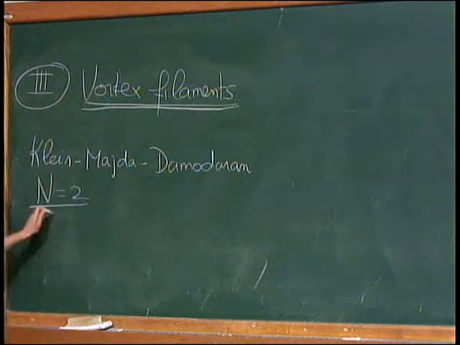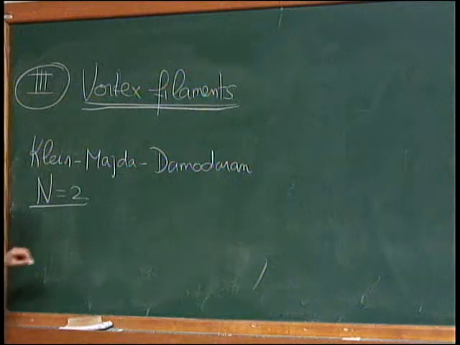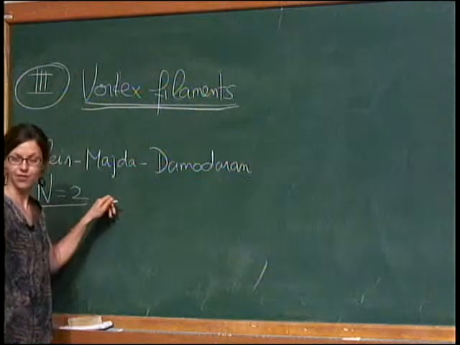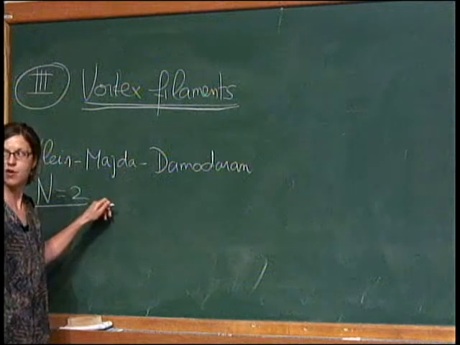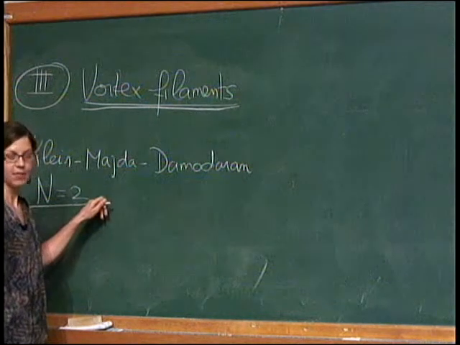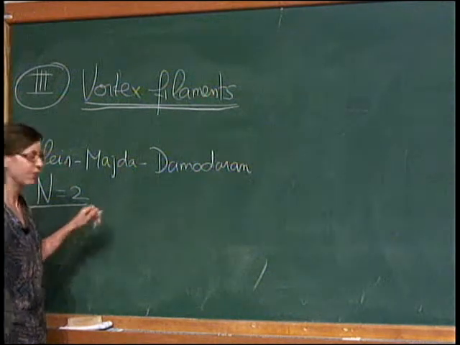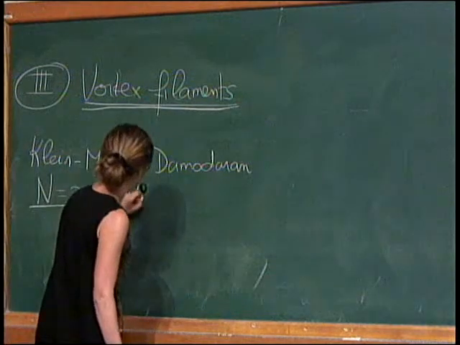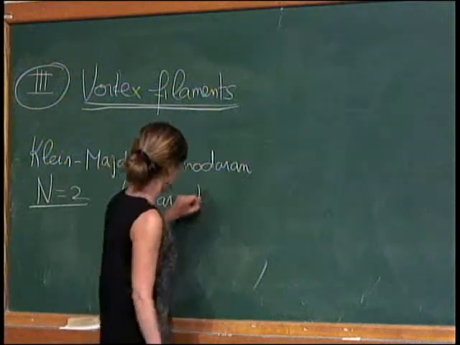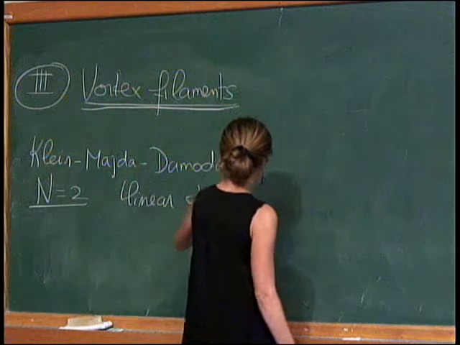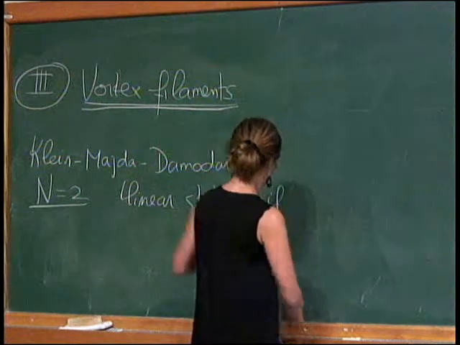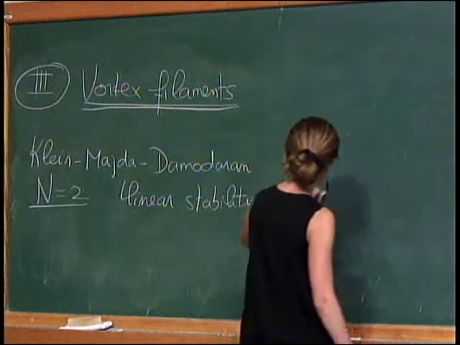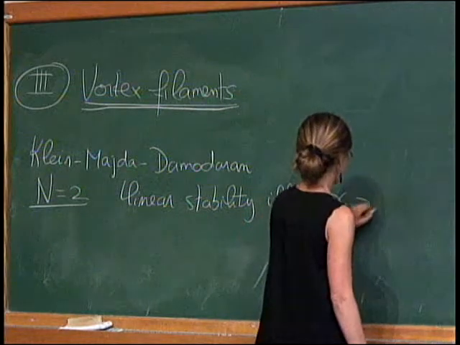They studied the linear stability and proved that the system for the pair of filaments is stable if and only if gamma 1, gamma 2 have the same sign. If and only if gamma 1 times gamma 2 is positive.